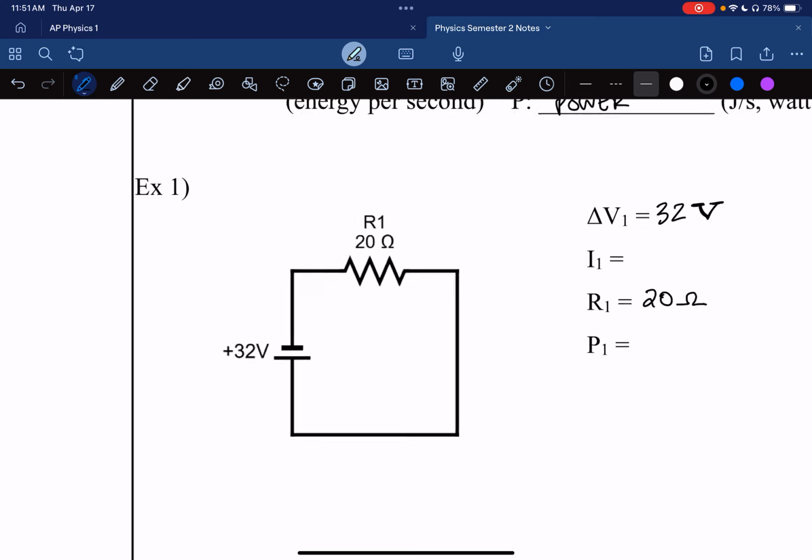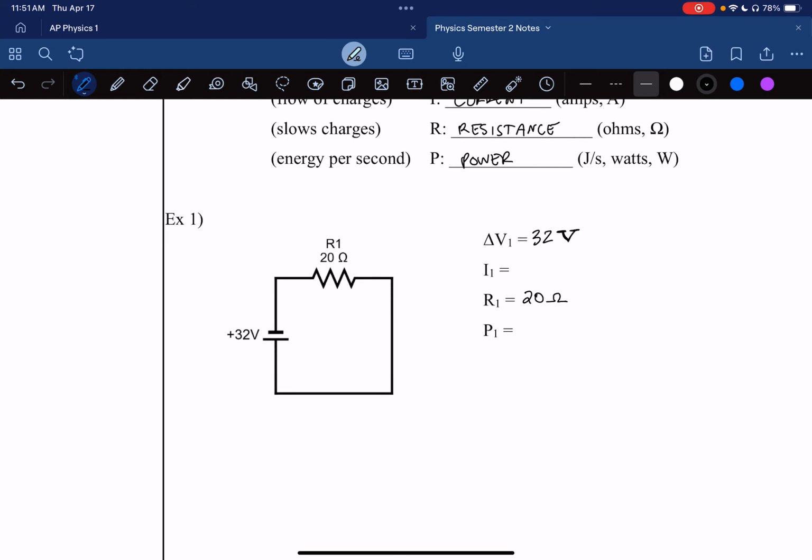So we can use our equations. Delta V is equal to I times R. If I rearrange this equation, current is equal to delta V over R. And another equation we can have is R is equal to delta V over I. Those are good to have, although they're all derived from that equation. They're all the same equation, really.